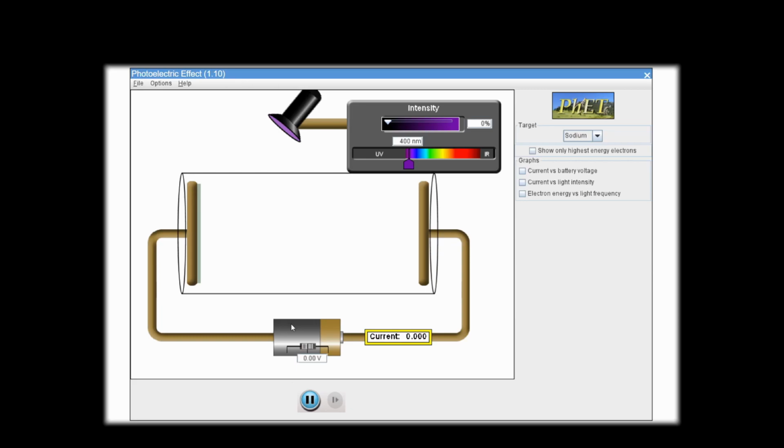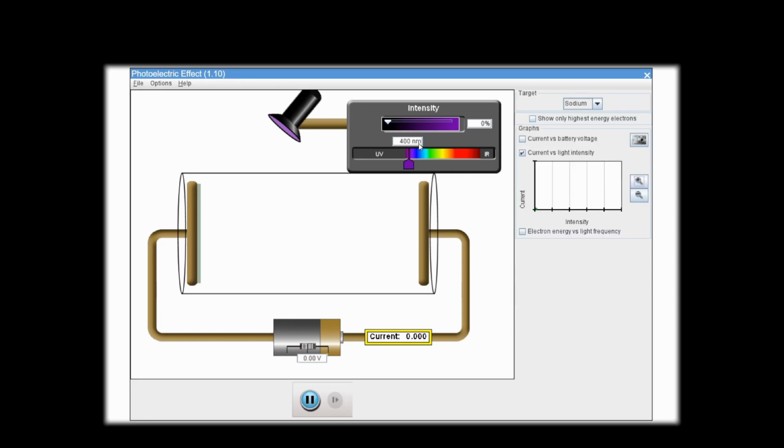First we see the variation of photoelectric current with intensity. So we are keeping the frequency fixed and the potential difference fixed. The photocathode is made of sodium. You can change it to zinc, copper, platinum or calcium. We are starting the intensity from zero.